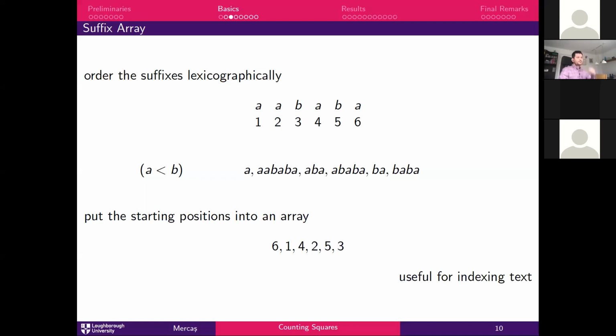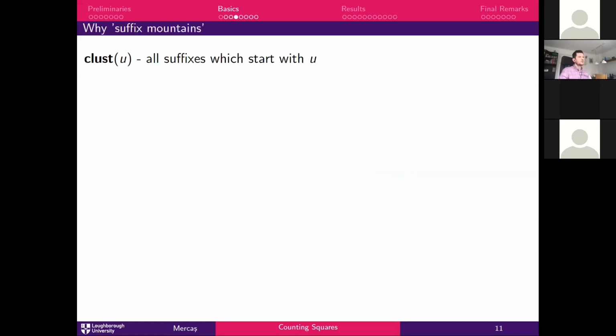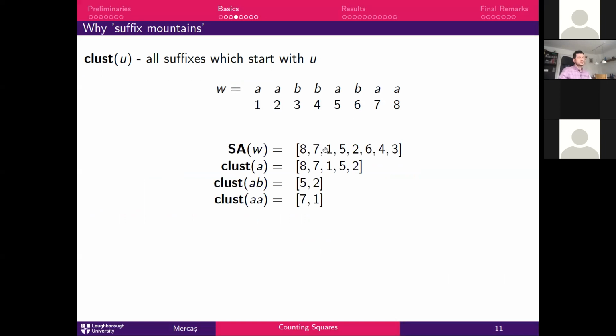And well, I was talking about suffix mountains, but why suffix mountains? Where is this coming from? Well, if you're looking at the word again, I can look at the suffix array of the word. And then for each of the squares that the word has, I can also look at all of the occurrences of each of its roots, right?